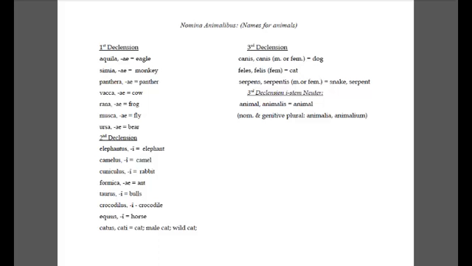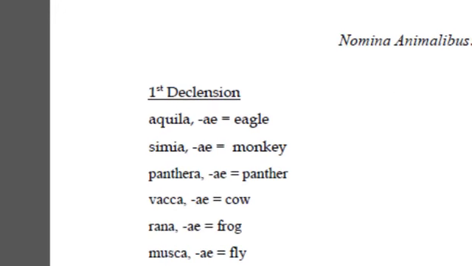Okay, here in the back of the workbook, you see that there are, in the vocabulary list, lists for animal names. First declension and second declension and third declension. Notice that under first declension, the first word ends in an A, and the second thing listed is the AE ending.